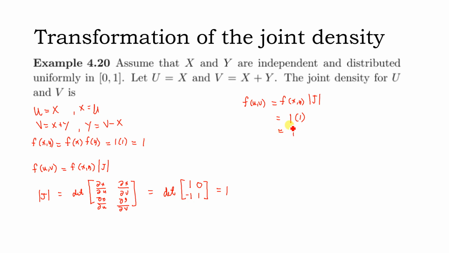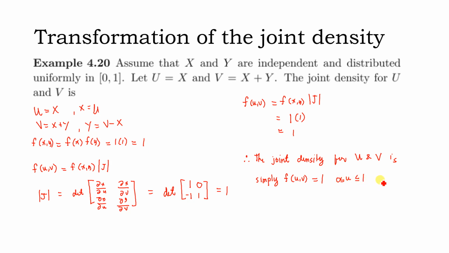Therefore, the joint density for u and v is simply f of u, v equal to 1, for u greater than or equal to 0 but less than or equal to 1.